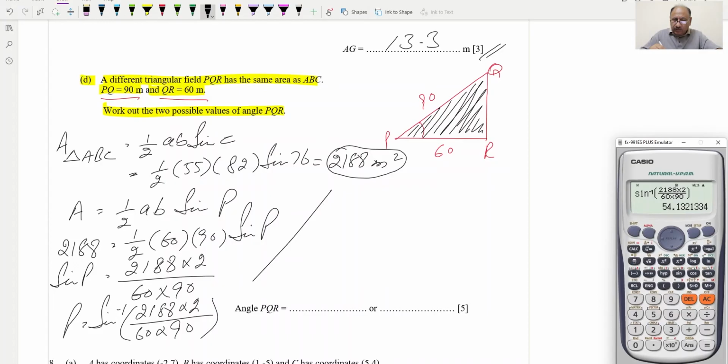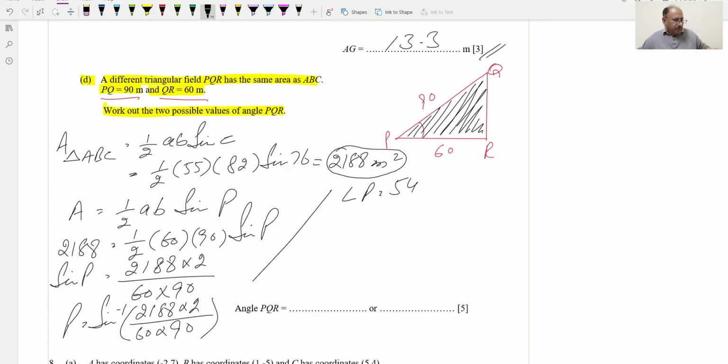So angle P is equal to 54. Now one angle is 54, we need the other angle also. This is the principal angle which we got by the calculator. Now we can figure out the other possible value, and the possible value for sine is by using CTS.